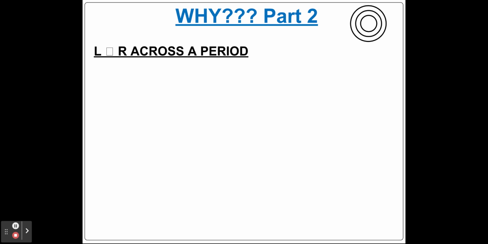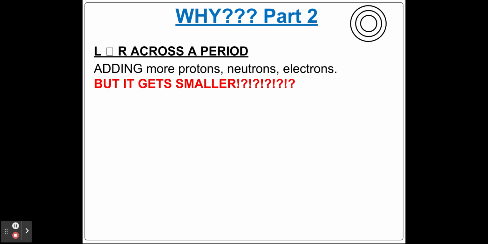So what about across a period? What's happening when you go across a period? Well, when you go across a period left to right, remember the elements are ordered according to atomic number. And so as you go across a period, the atomic number increases by 1, which means that you are adding 1 proton to the nucleus as you go across the table.